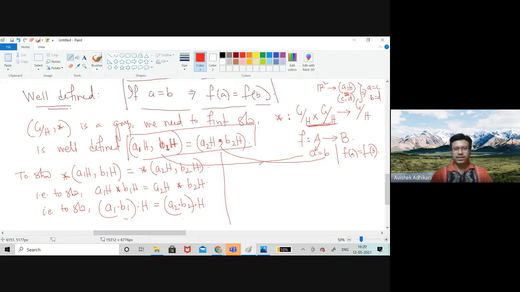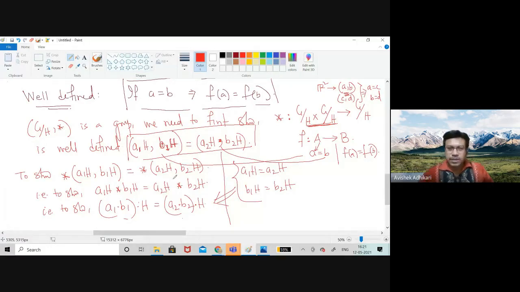So if they are same, then A1H equal to A2H and B1H equal to B2H. So that is given, and that should imply that this should be equal to this. So if you are able to prove this, then you are basically able to prove that star is well defined.